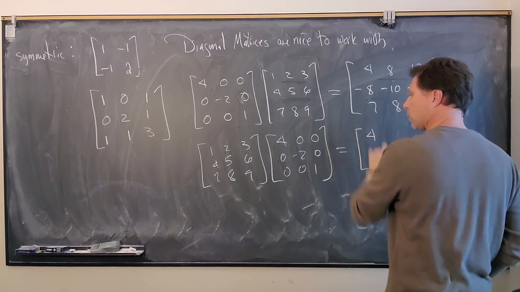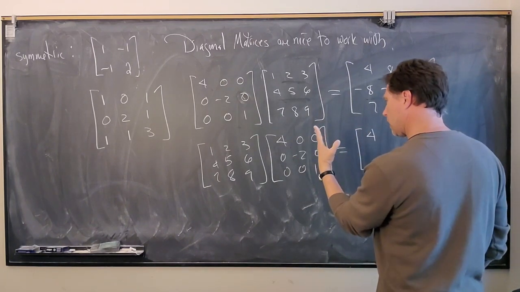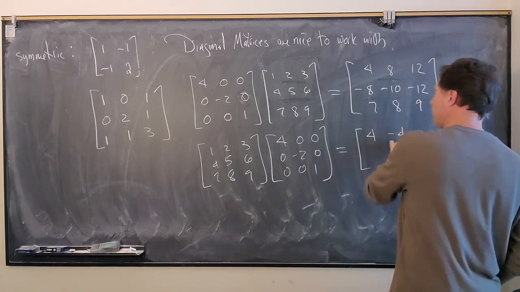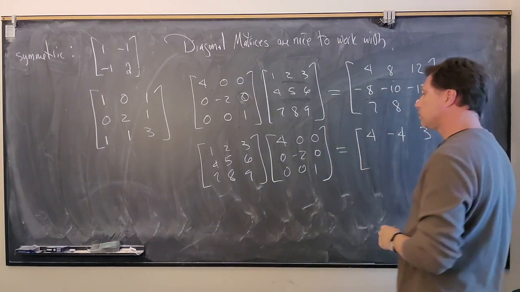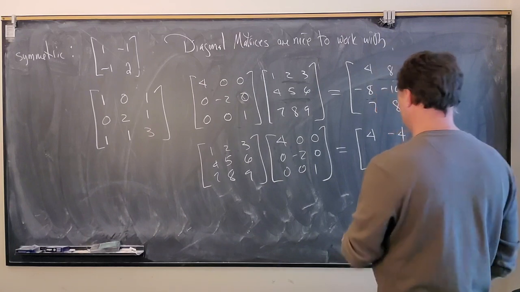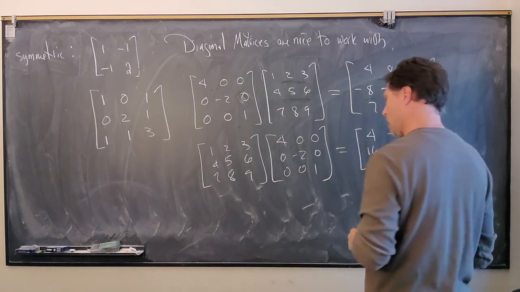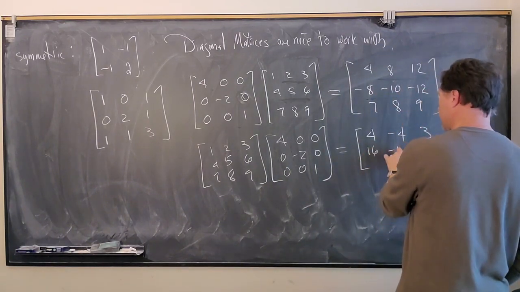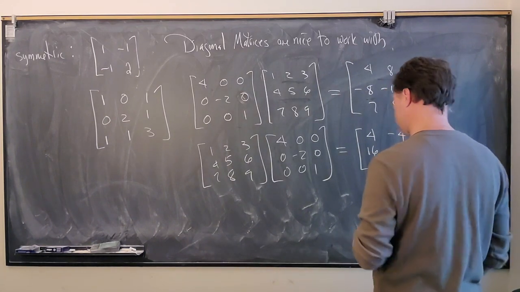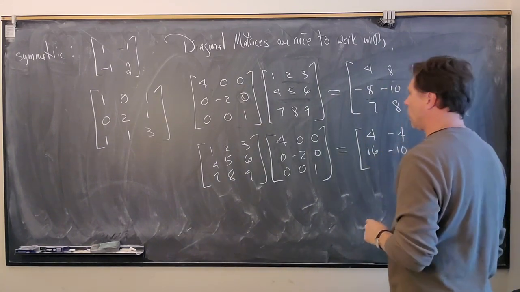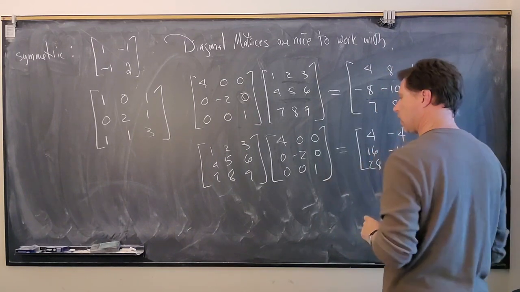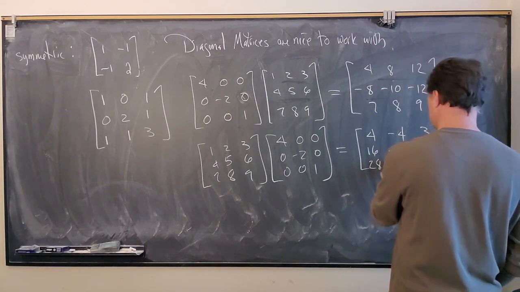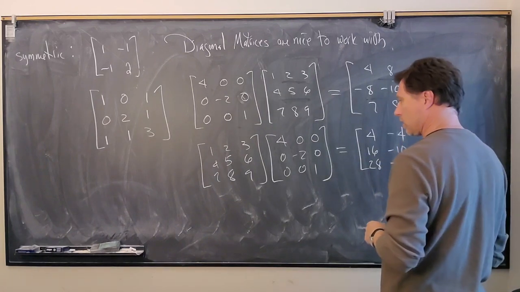I'll get a 4, and then I'll get a -4, and then I'll get a 3. Then I will get a 16, and a -10, and a 6. And then I will get a 28, and then I'll get a -16, and then I'll get a 9.